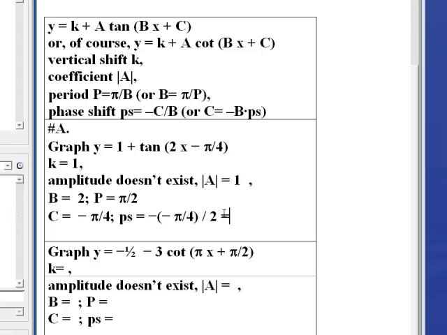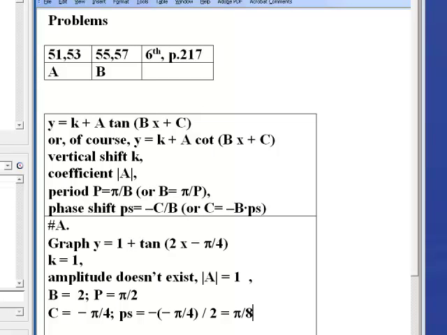Therefore, we're going to come up with a phase shift of pi over 8. I'm just going to jot these down here for a moment, and then we're going to do the cotangent.